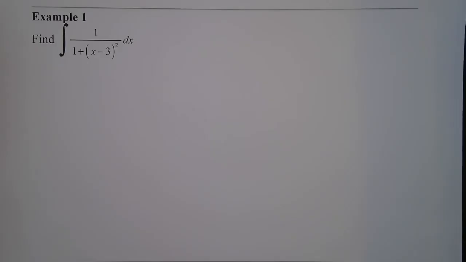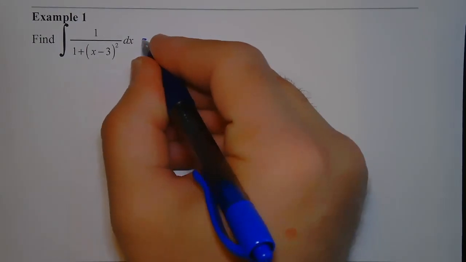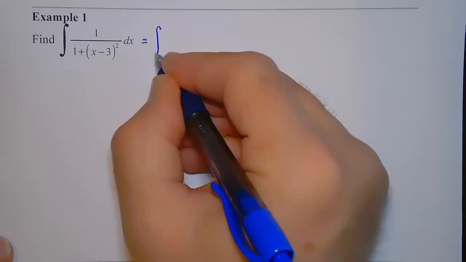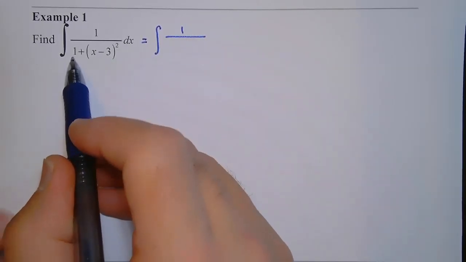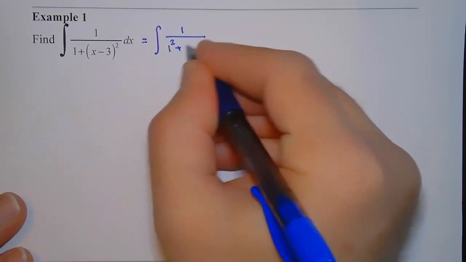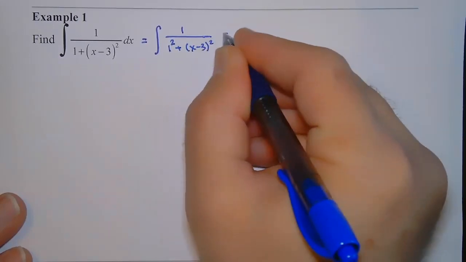All right. For this first example, we want to find the integral of 1 over 1 plus the quantity x minus 3 squared dx. Okay, so what we need to do is recognize it takes on that form, okay? So this is the integral of 1 over, okay, what number is being squared here to get 1? Well, it's 1, right? So 1 squared plus x minus 3 squared dx.